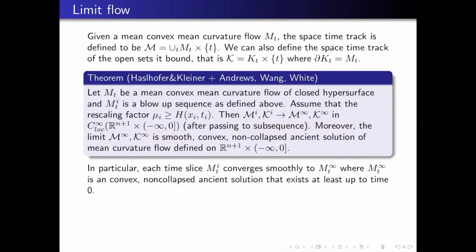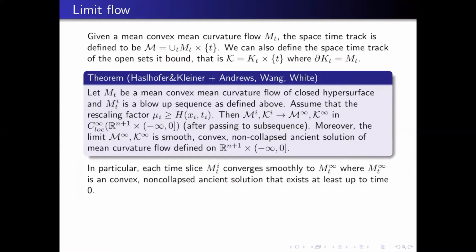And moreover, the limit is a smooth, convex, non-collapsed, ancient solution of the mean curvature flow. We could also phrase this theorem in terms of the time slice. So we obtain that M_t^i converges smoothly to M_t^infinity, and M_t^infinity is a convex non-collapsed ancient solution, and it exists at least to time 0.